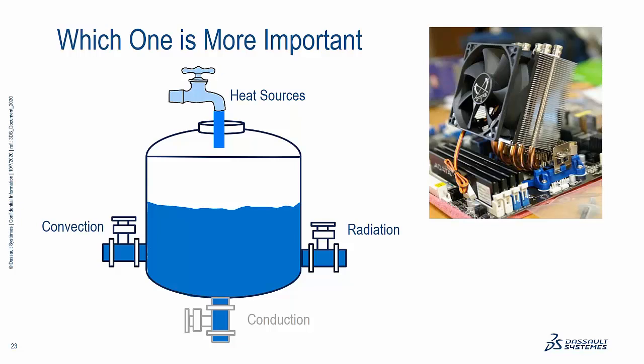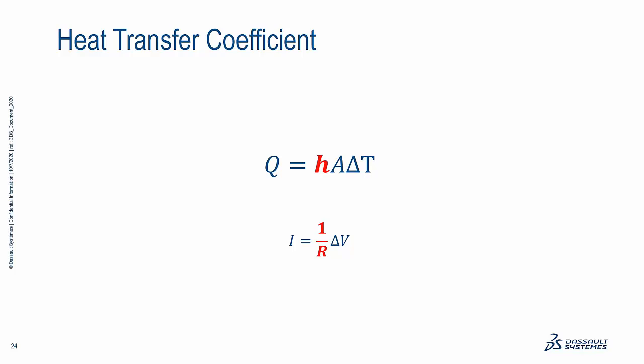Now, this is conceptually okay, but hard to gauge which one is important. So I'd like to give you another help here. Let's consider all the resistors in terms of this famous heat transfer coefficient. We can write Q, which is the heat conducted, the analogy being your current, as Q equals h times area times delta T. And we can write that equivalent term as 1 over R, like conductance.